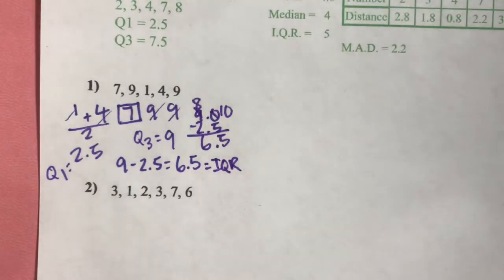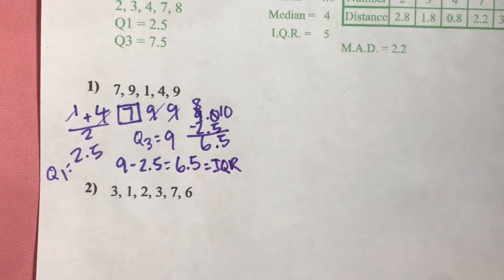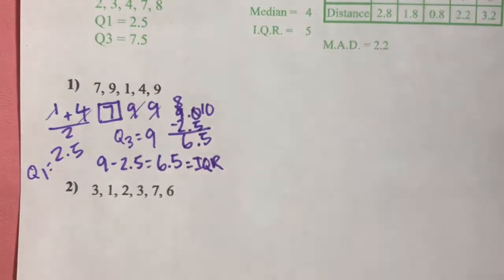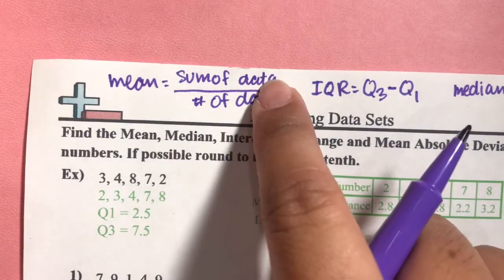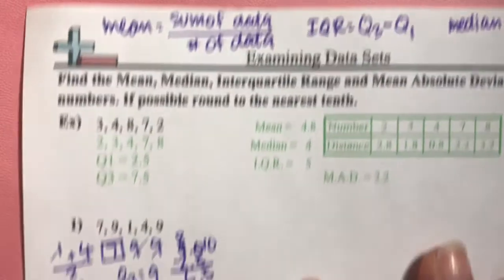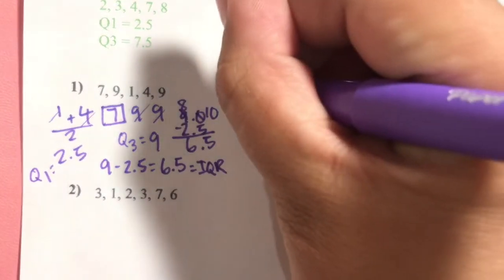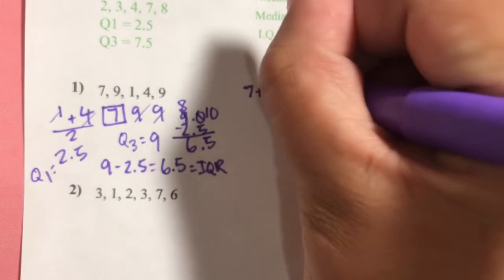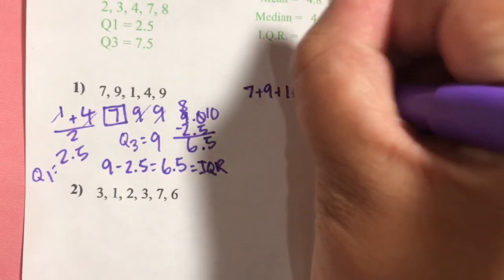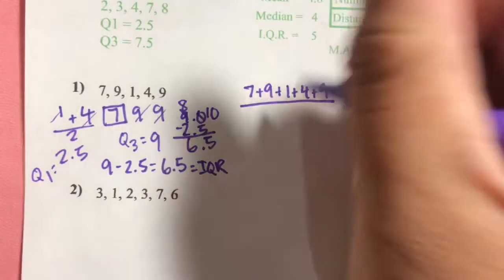Okay. Now we need to find the mean. If we need to find the mean, we need to remember the sum of data. So we need to add all the numbers together, and then we have to divide it by however many numbers there are. So 7 plus 9 plus 1 plus 4 plus 9 divided by 5.